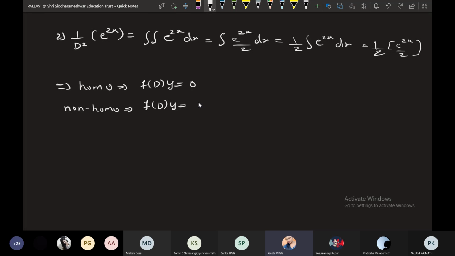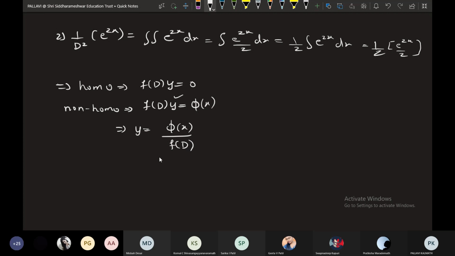Phi of x. So what is the value of y from this? How to find y from this? y will be phi of x divided by f of D.